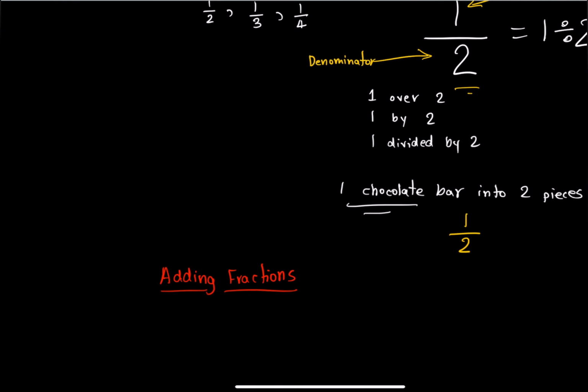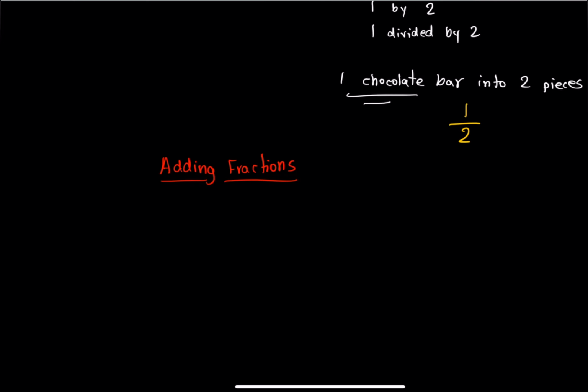Now, let's take our previous example where we had 1/2 of a chocolate bar, and let's say another person had 1/3 of a chocolate bar, and you wanted to find out how much chocolate both of you have in total.